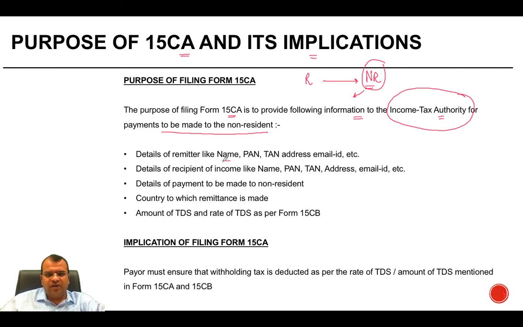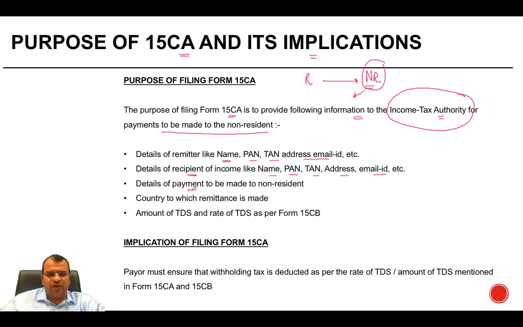The details of the remitter, like the name, the PAN, the TAN, the address, email ID, etc., are required to be filled. The details of the recipient of income, like his name, PAN, TAN, address, email ID, etc., would also go as a part of Form 15CA.